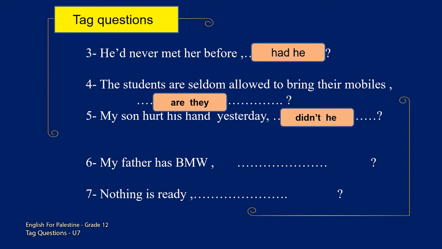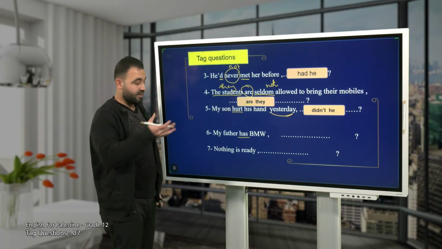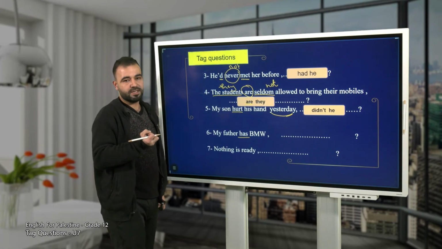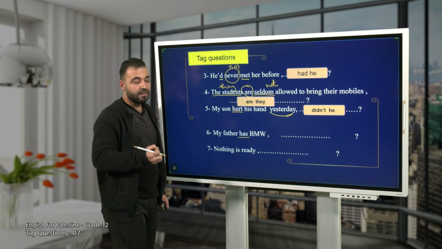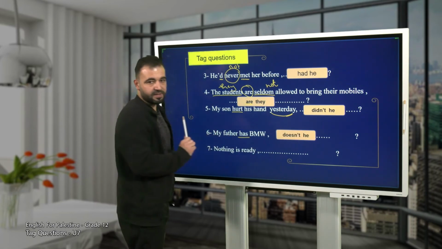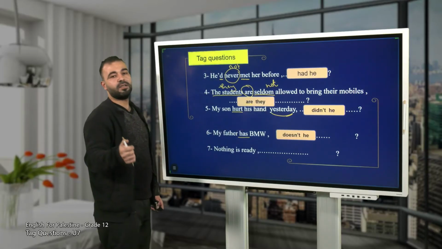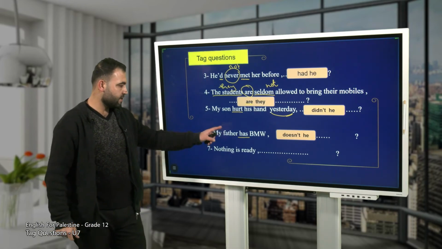Number 6 now. My father has a BMW. Here, the main verb is has, and it's a stative verb. It means owns. My father owns, has. So when it is a main verb, this is the way we form a tag question for it. Doesn't he? Because it's a stative verb in the present simple tense, and the subject is my father.